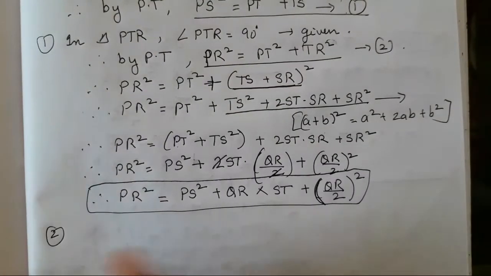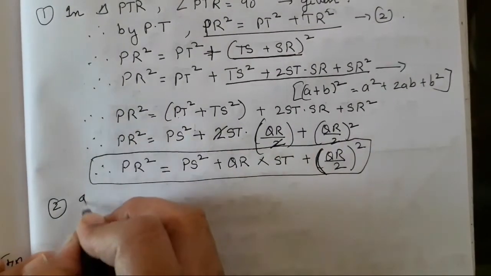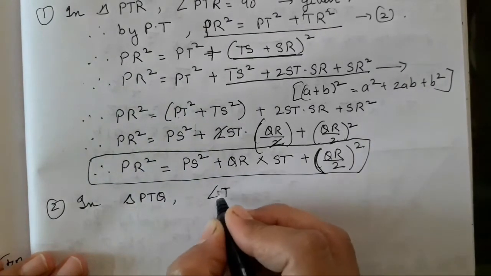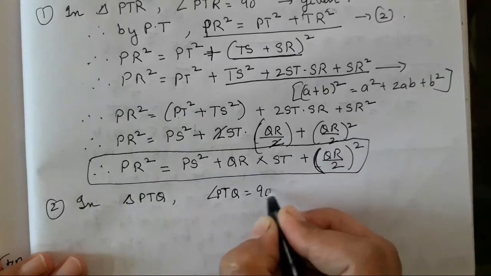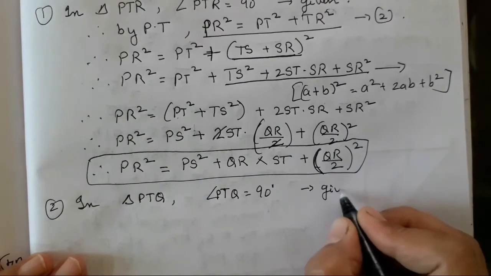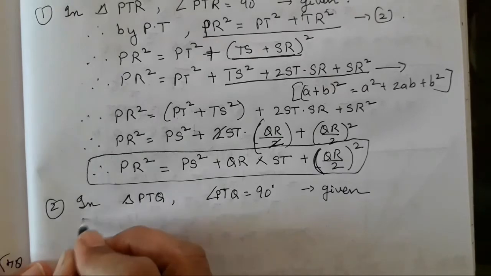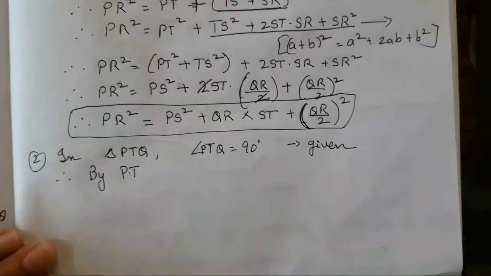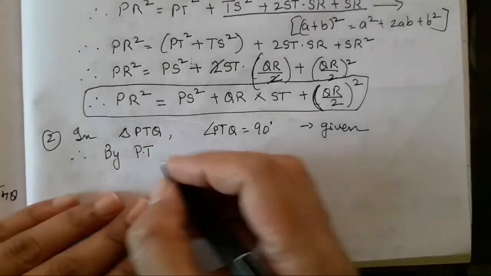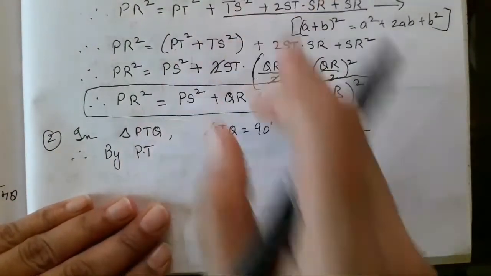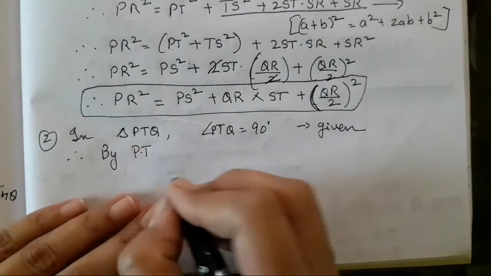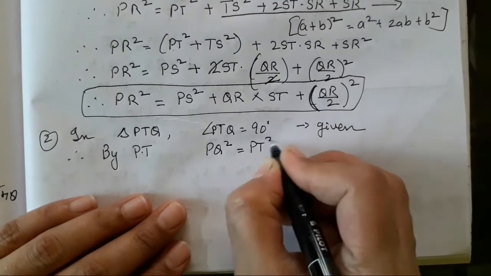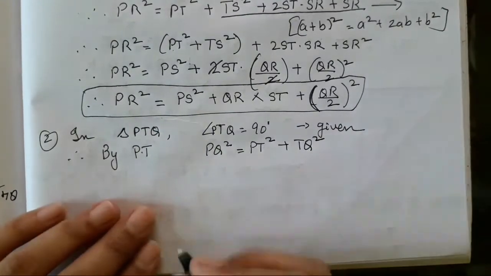Now the second one. For proving the second one, in triangle PTQ, angle PTQ is supposed to be 90 degrees, which is given. Okay, therefore by the Pythagoras theorem, you all have to use the Pythagoras theorem for proving both of them. So it is going to be PQ square is equal to PT square plus TQ square.